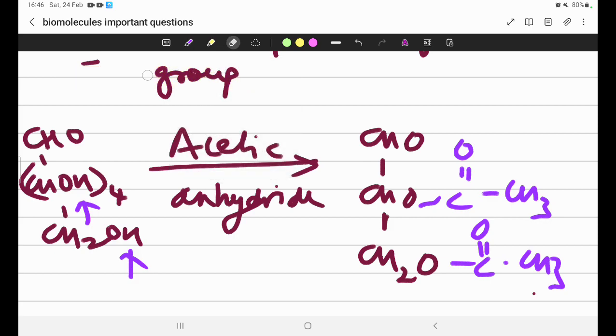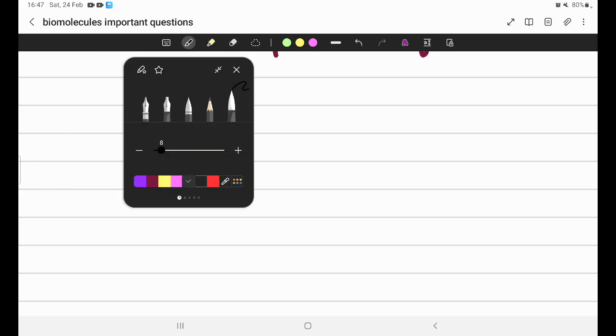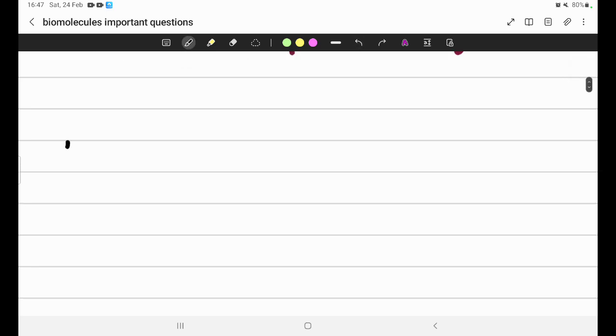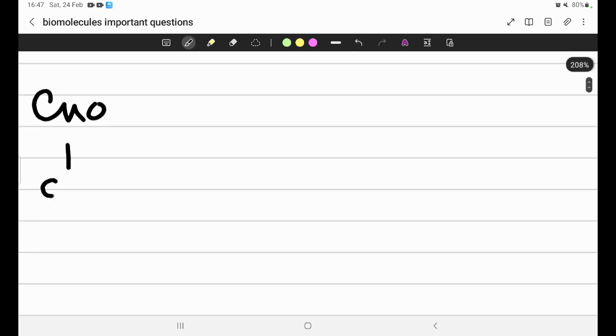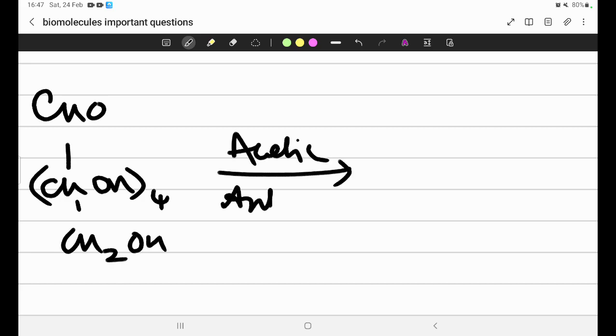Once again I'll repeat it. If you want me to write neatly, let me just do it properly. CHO, CHOH the whole 4, CH2OH. Just add acetic anhydride. When you add acetic anhydride, write CHO. Don't write H, just write CHO.